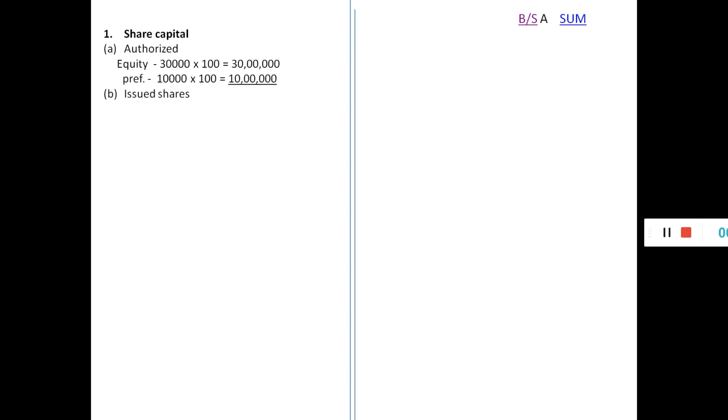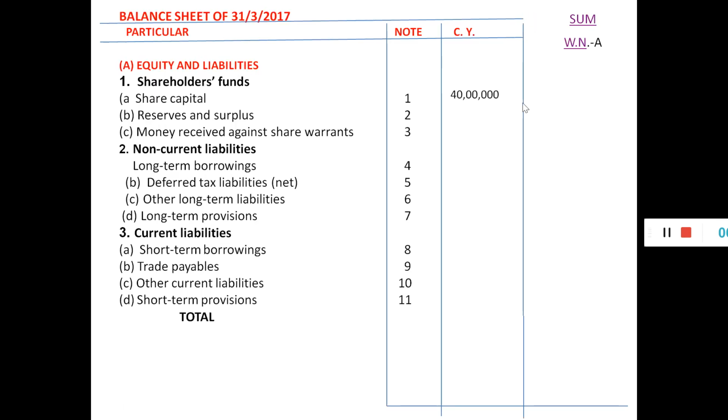Issued capital rupees 30 lakh, for the preference share capital 10 lakh. Total 40 lakh. Go to the balance sheet. 40 lakh.